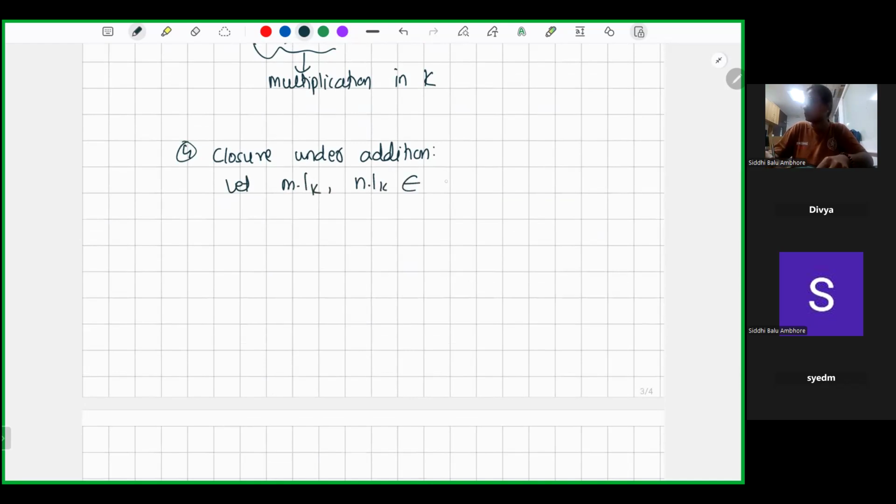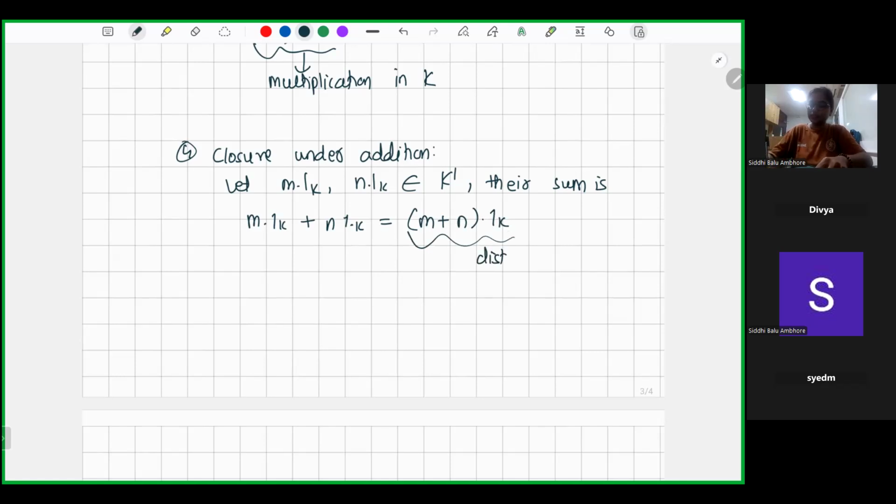So first, let us prove this one. Let m1k and n1k belong to k dash. Their sum is m1k plus n1k. And if you check, this will be (m plus n) 1k, because this distribution is inherited from the distributive property of my original field k.